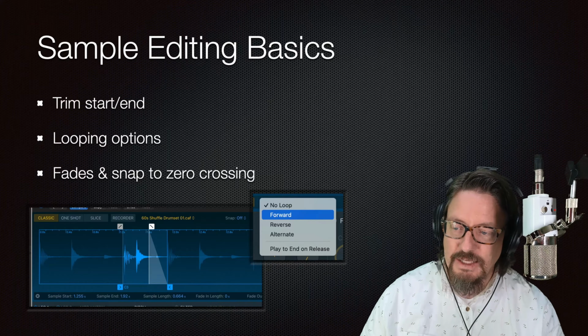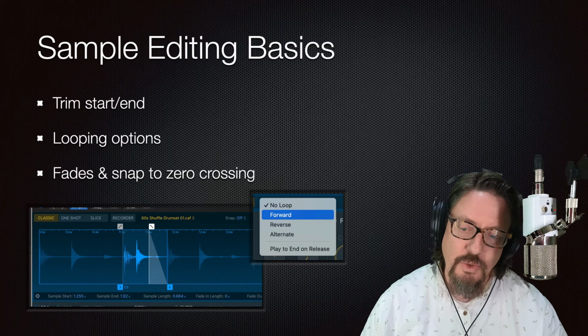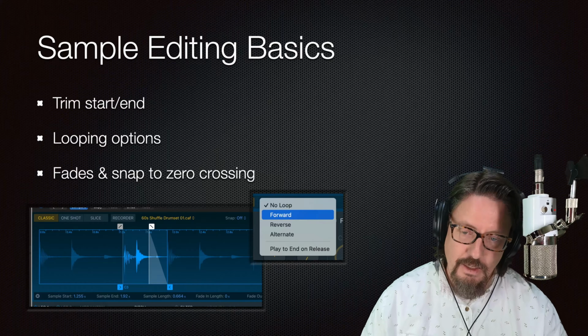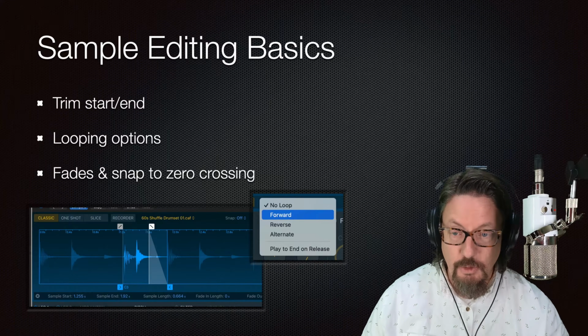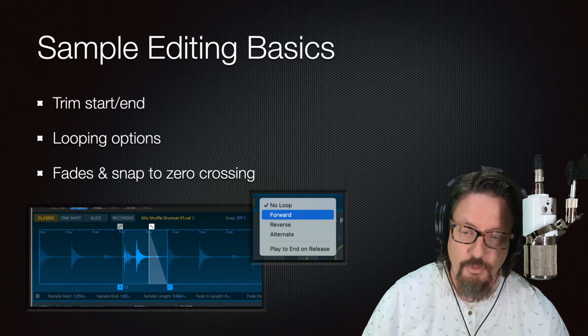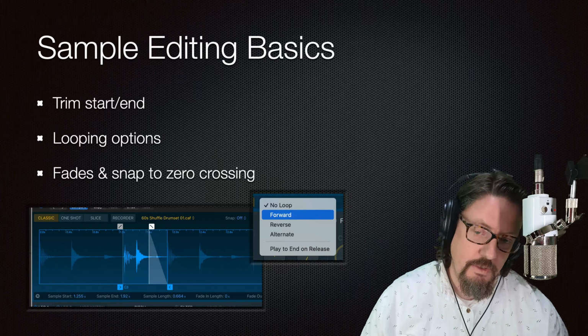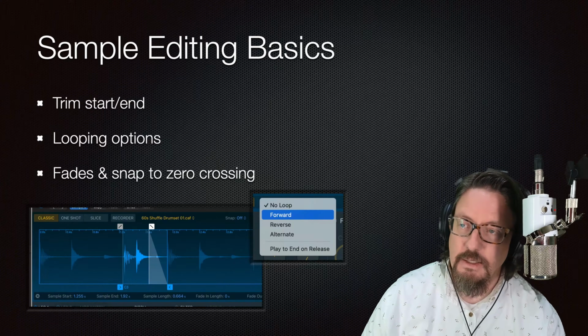Right now, it's setting the sample start, end, and length, but if you X that out, it will actually take you to some of the more global overview features. One of them is the loop, where we can set a loop forward, a reverse, or we can have it alternate back and forth, or play to the end when you release the note. Sometimes you want any of those things.